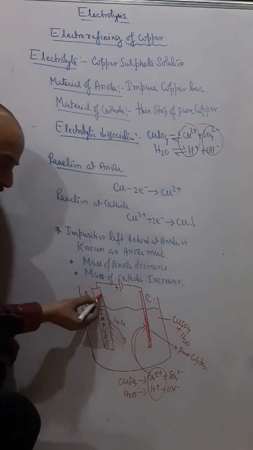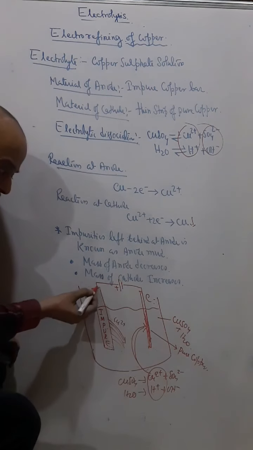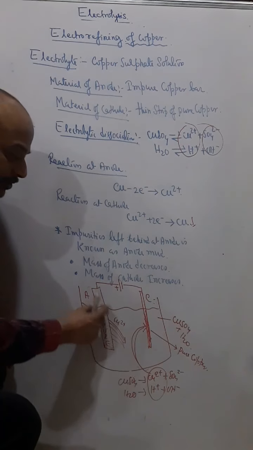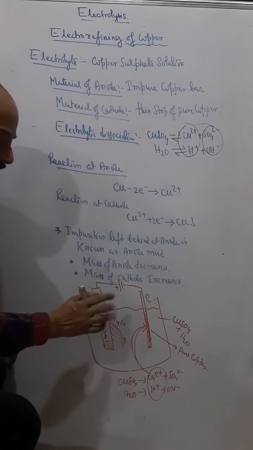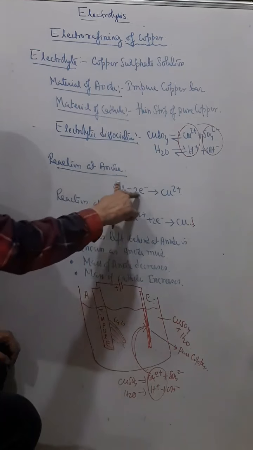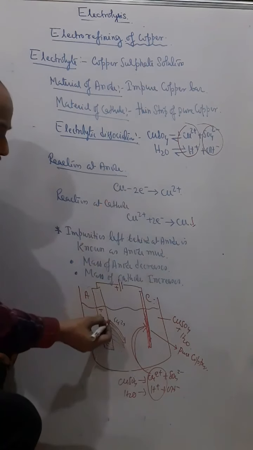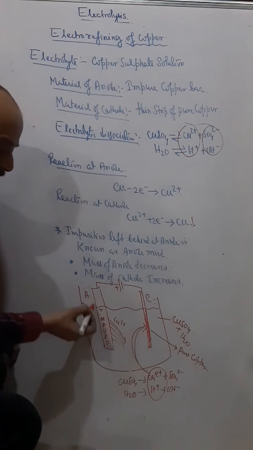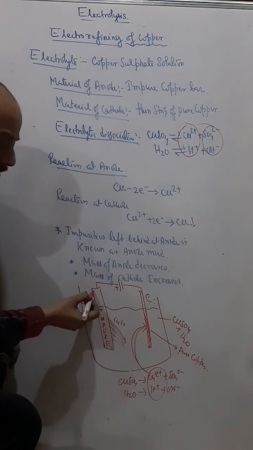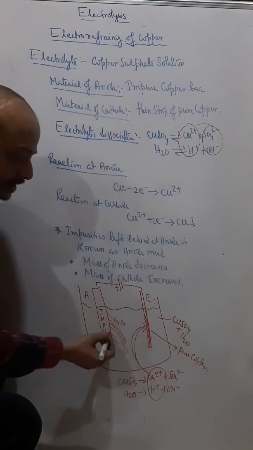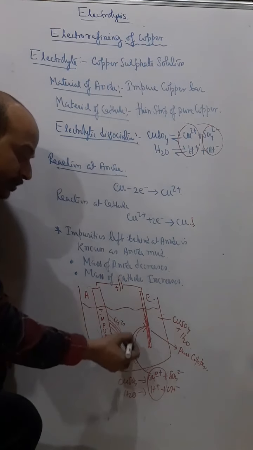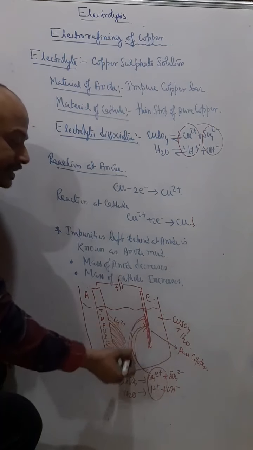You can understand the impurities will be left, and only the copper present in the impure copper will release electrons and form Cu2 plus ions, constantly mixing into this solution, and from the solution Cu2 plus is getting deposited here.